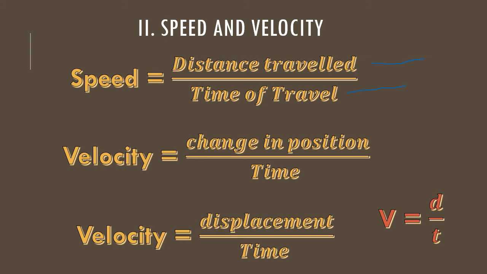While in the velocity, it is equal to change in position over time. Or velocity is equal to displacement over time, or simply says V is equal to D over T.